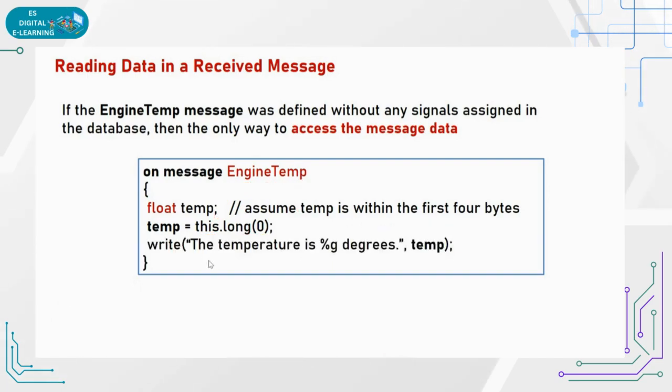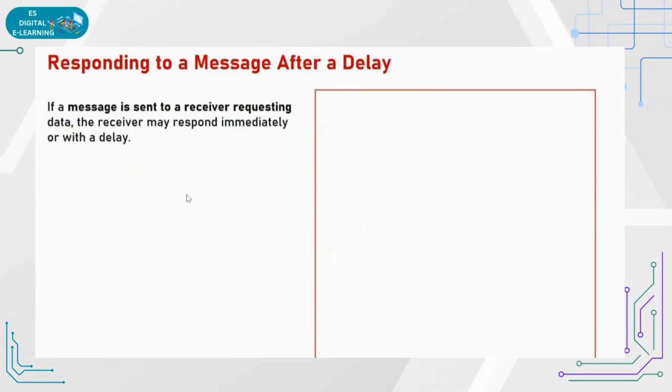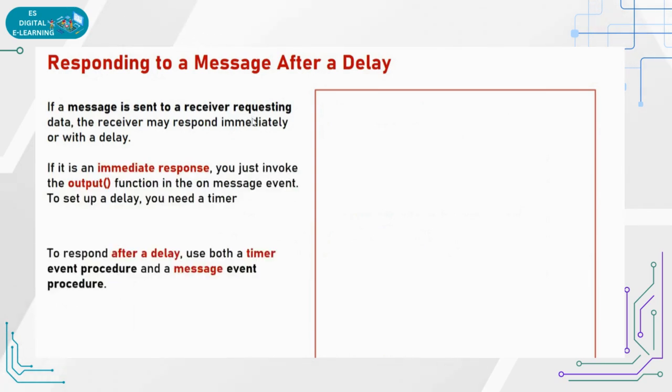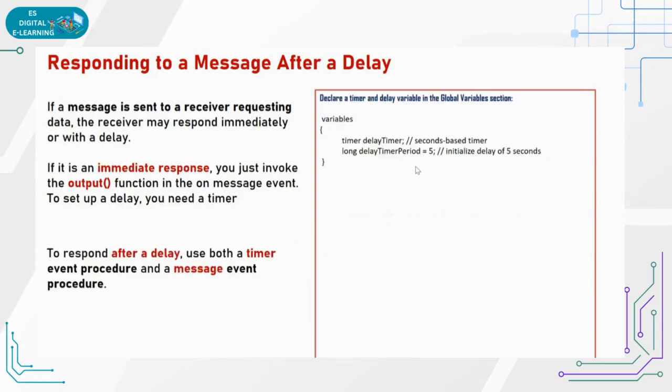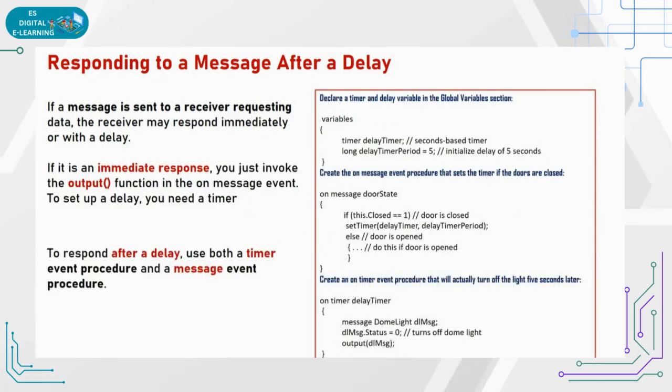And next, coming to how you respond to a message after a delay. Here, the same way, whatever the message is, you need to declare a timer, and the global variable section is a part of the variables.